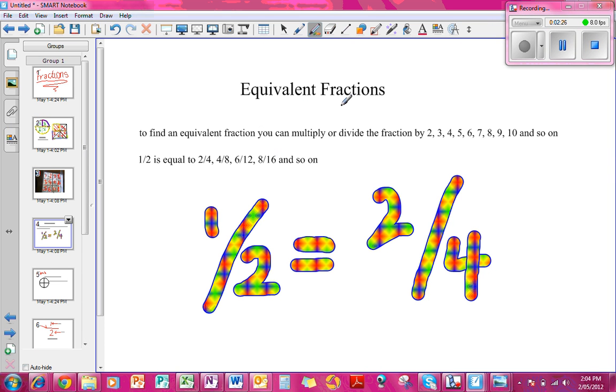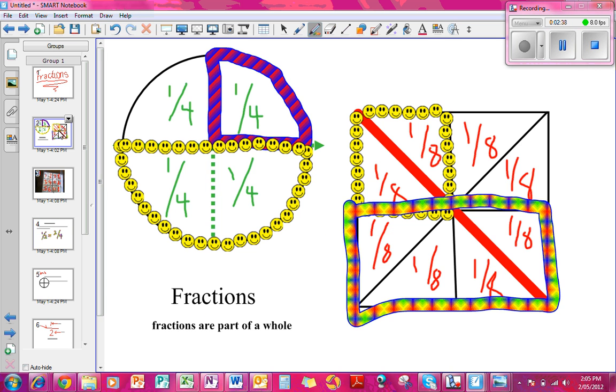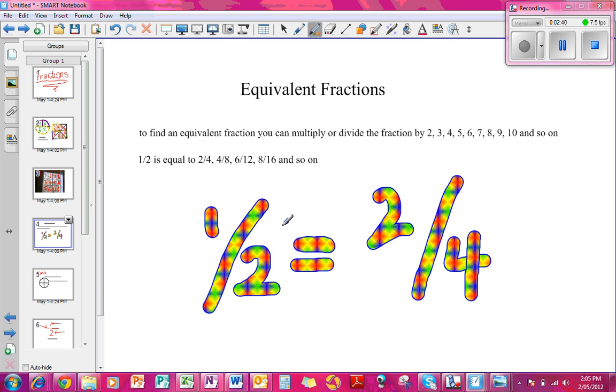Alright, now equivalent fractions. Equivalent fraction is the same concept that we were showing you before. So 2 quarters, which was on the circle here, is the same as half. Equivalent fractions basically just means it's the same as something else.